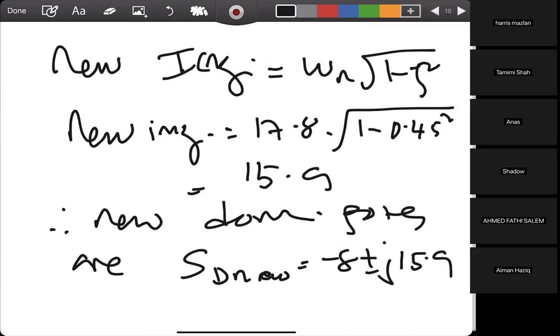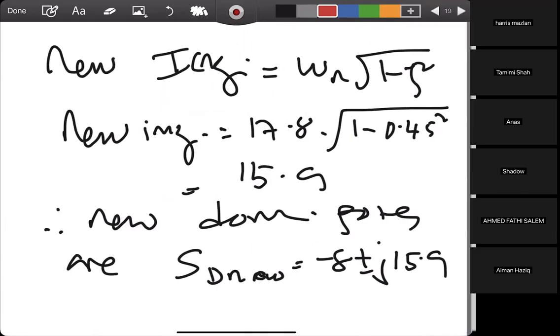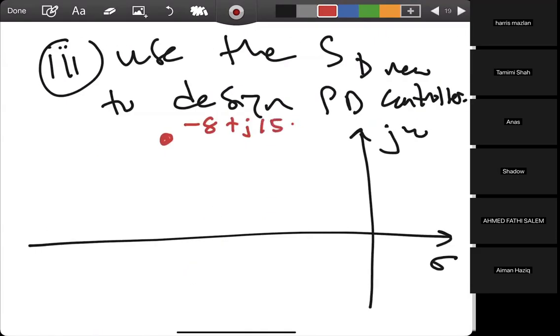Using the angle criteria formula. Draw first. Okay, draw. So let's say this one is minus 8 plus j15.9.